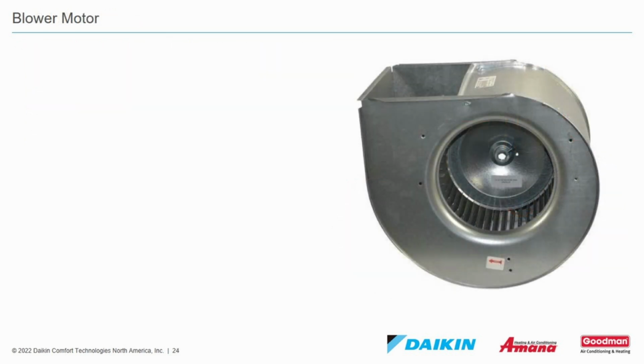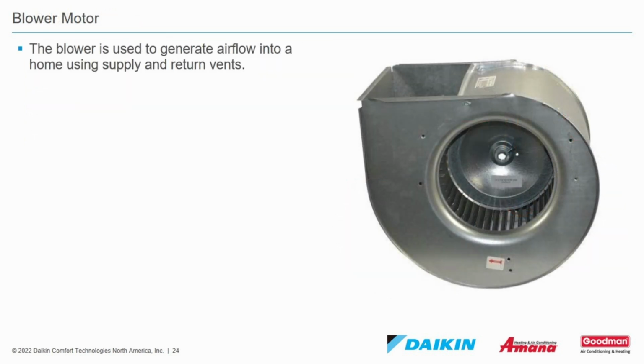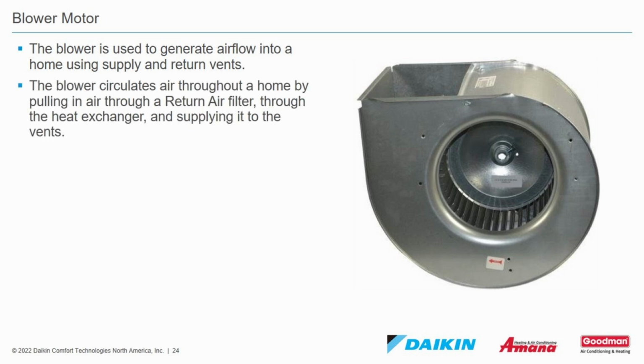Blower motor. A blower is used to generate airflow into a home using supply and return air vents. The blower circulates air throughout a home by pulling in air through a return air filter, blowing that air across the heat exchanger, and supplying it to the vents.